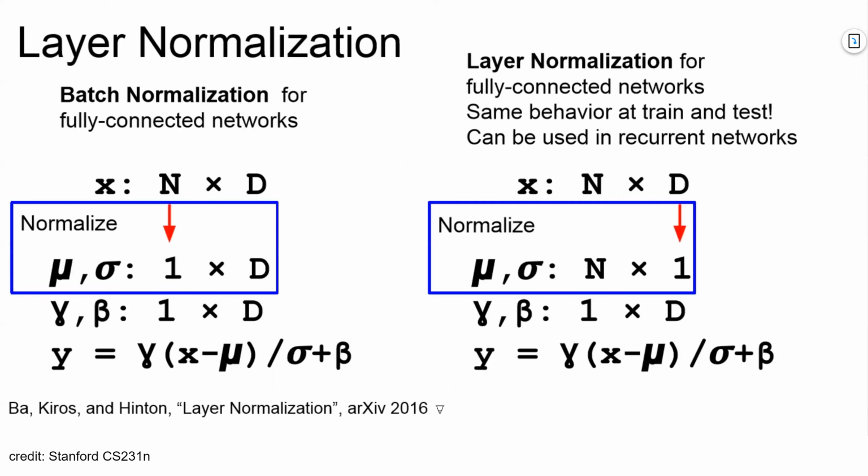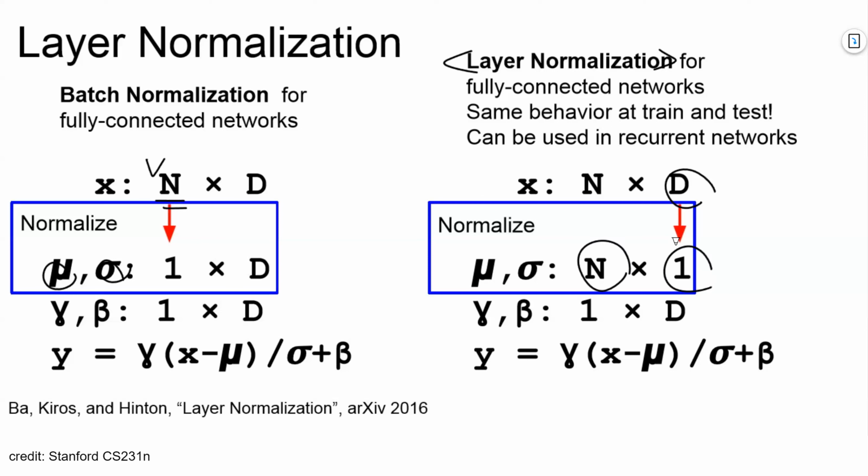And there is another concept called layer normalization. In batch normalization, we calculate the mean and variance along the sample dimension. However, layer normalization calculates the mean for each sample. So the dimension becomes N here, and this D becomes 1.